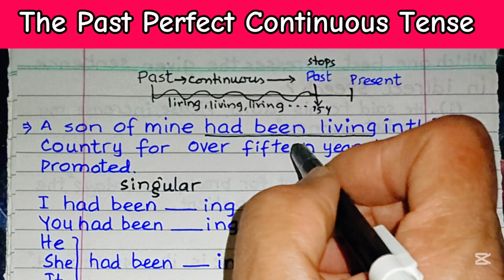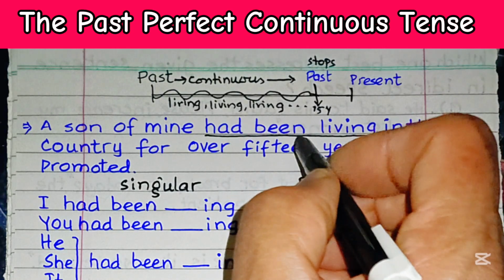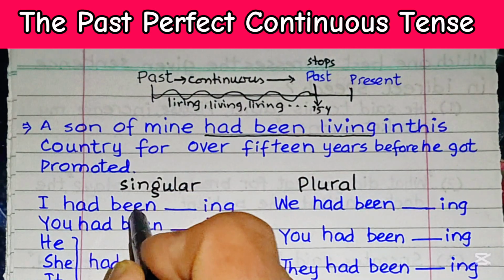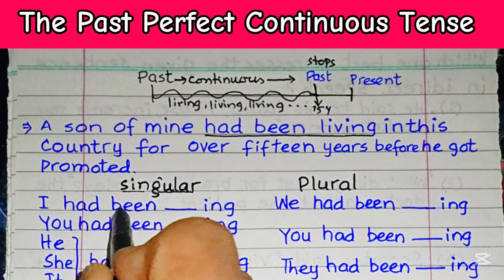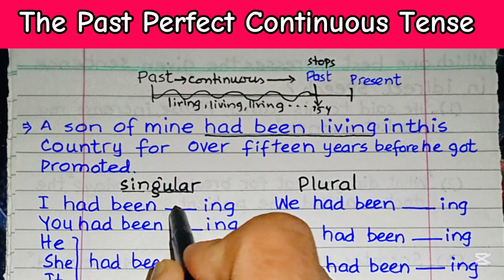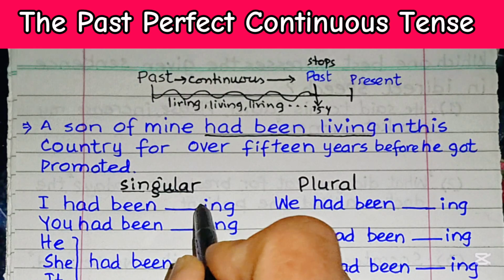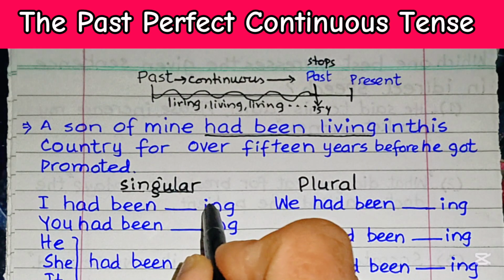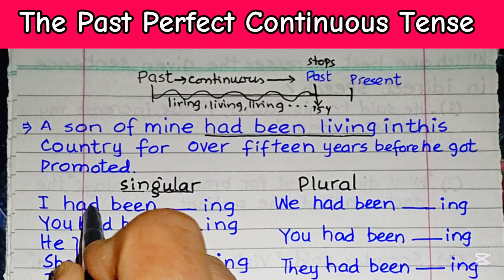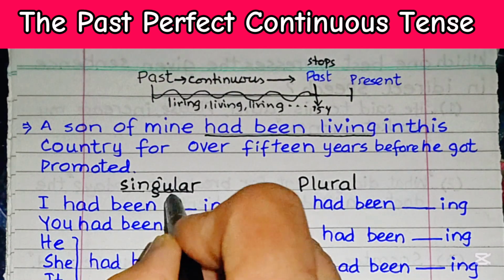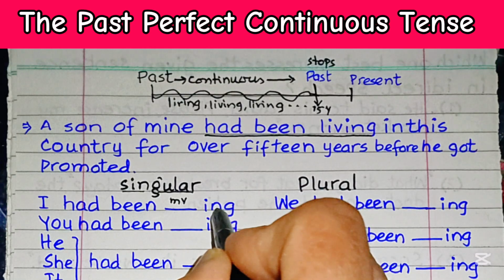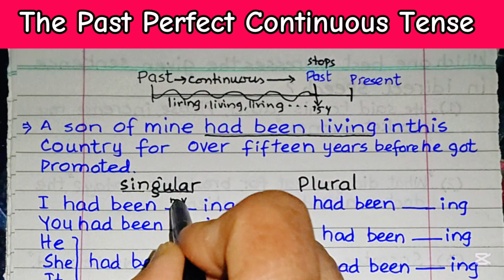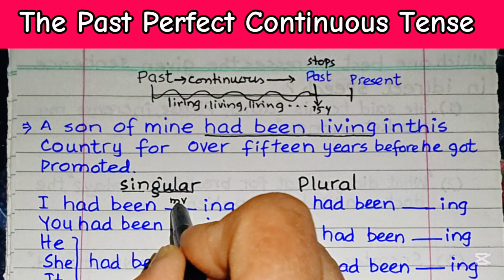So here is the past perfect continuous tense in the singular and plural. Singular. I had been, and then the main verb with ing ending. I had been, and then the main verb over here is followed with an ing ending, and this main verb is going to be the base form, or you can say a simple form.